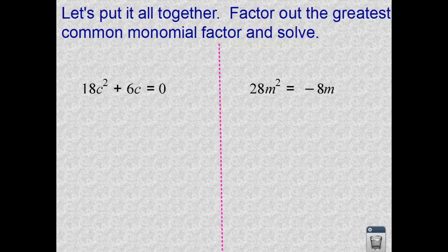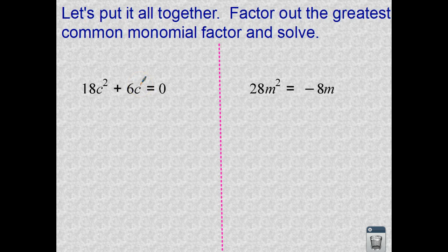And I also like to make sure that the variables have the exponents in descending order. So let's put those in order from greatest to least, so descending going downward, and we have that. So to the second power, to the first power, and then our 0 is on the right.